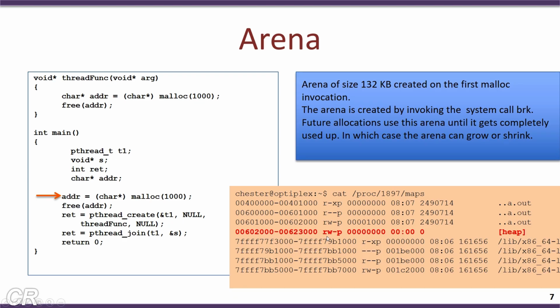Also notice that you have read-write permissions for this segment, which means that you could read data from it or write data to it. In other words, it is a regular data segment. Code cannot be present in that segment because it is not an executable segment.